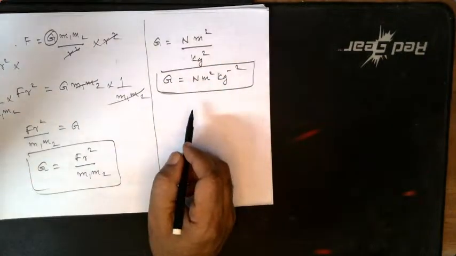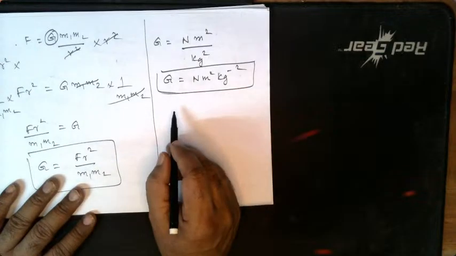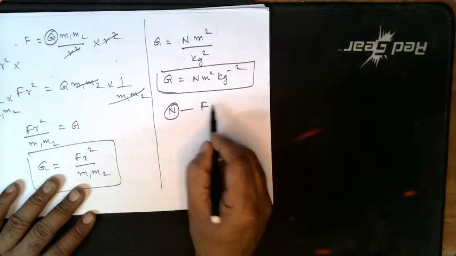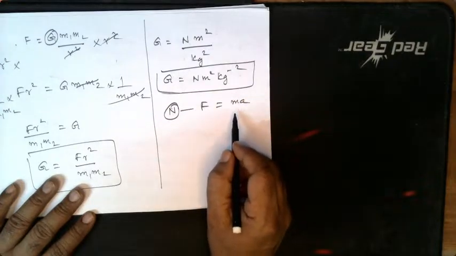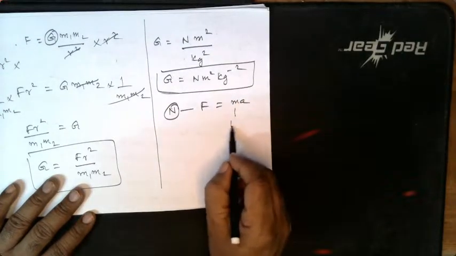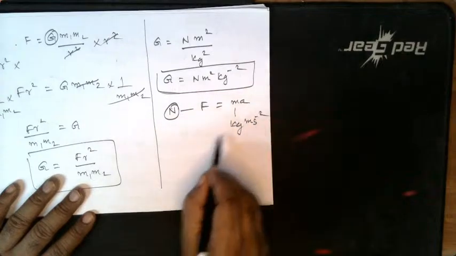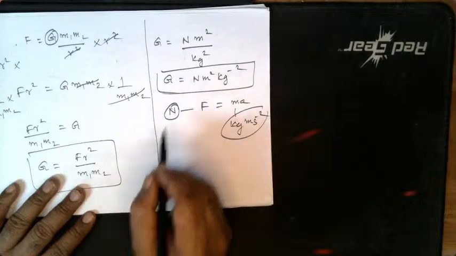Now if you want to derive further in terms of kg, what is Newton? Newton is the unit for force. What is force? MA. Here M is kg, and A is acceleration, m s power minus 2. Substitute this in place of Newton.